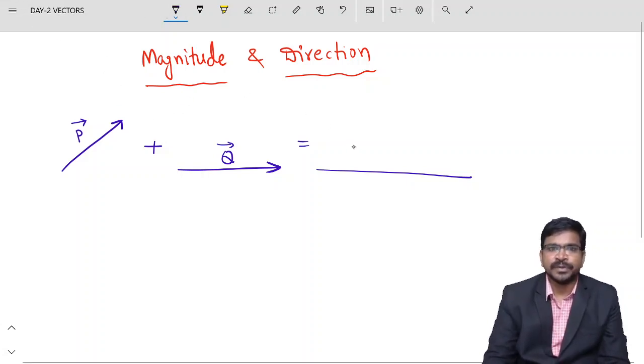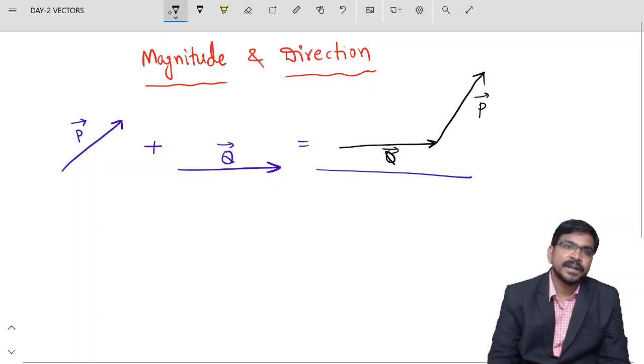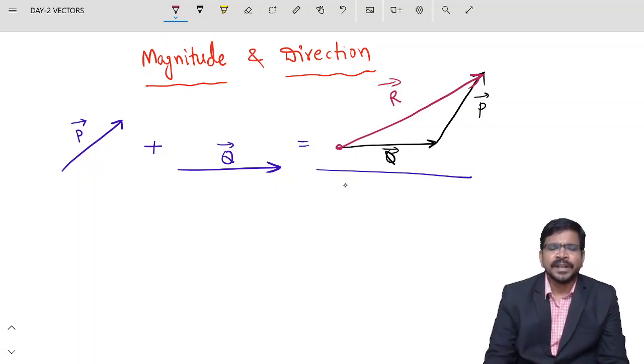Let me show you: Q plus P, right? And what is the resultant? R. R will be something like this. This we can do geometrically; any 6th or 7th standard student can do this if the geometry is given. But instead of geometry, if you want to know the R vector representation, I am able to find it out.